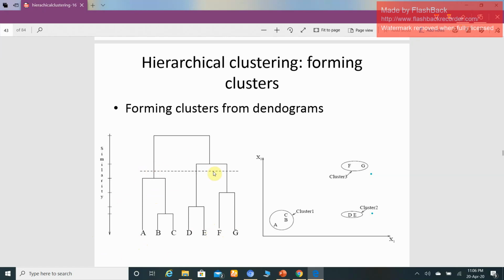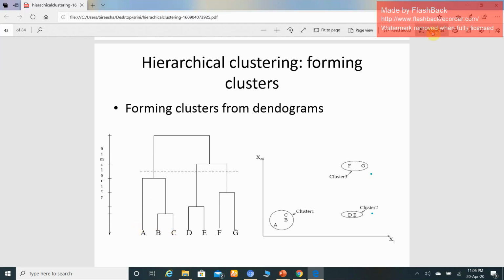Based on this cutting, how many clusters are formed in this particular dendrogram? See, this is one cluster.